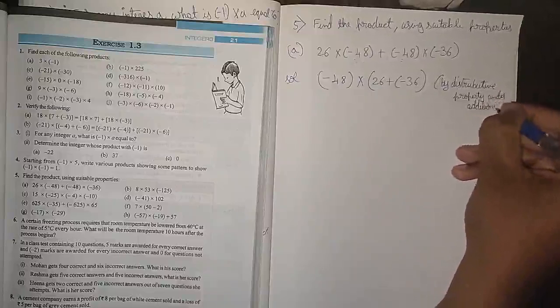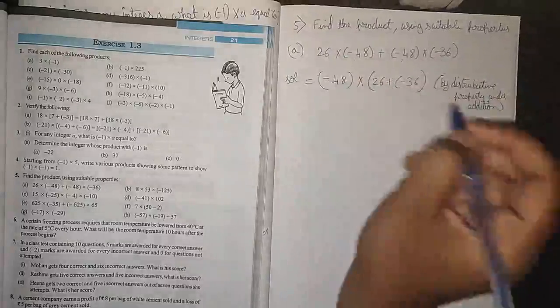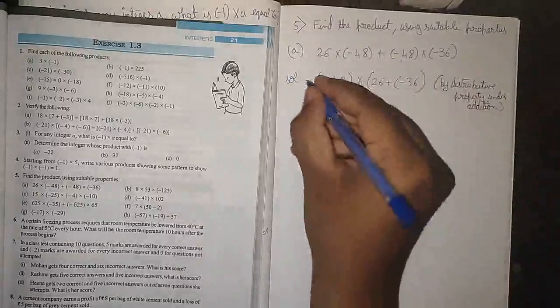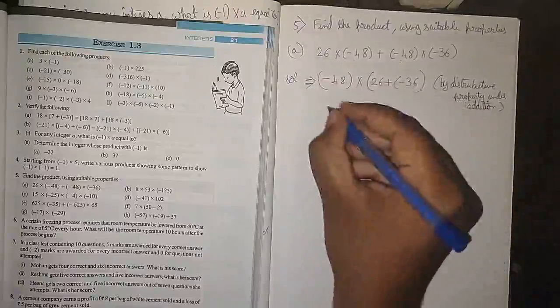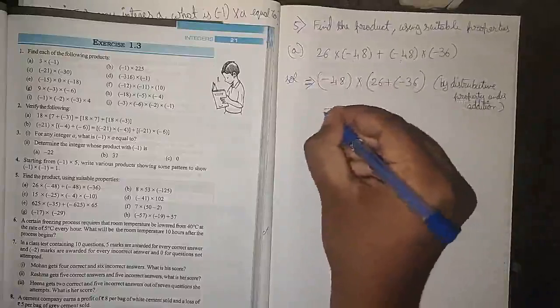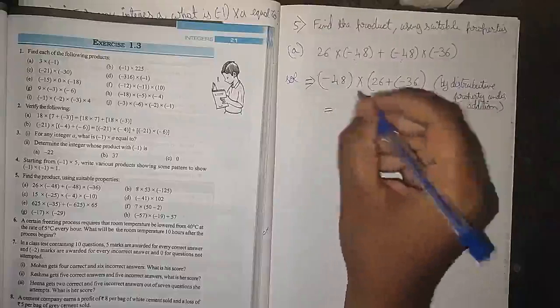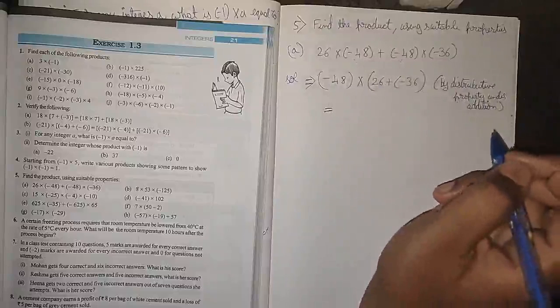From this property I can write this entire equation as like this. Okay, this entire equation I am writing as like this. So this will be equal to how much? This entire equation will be equal to how?